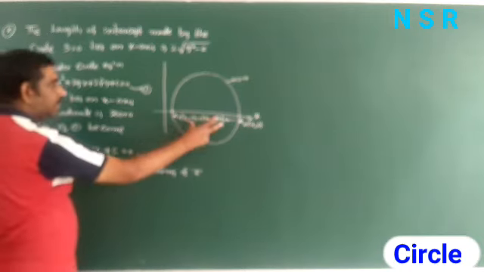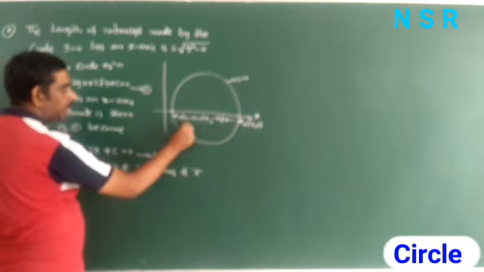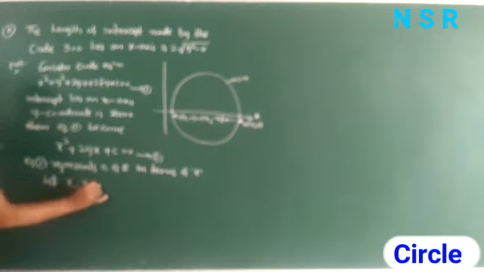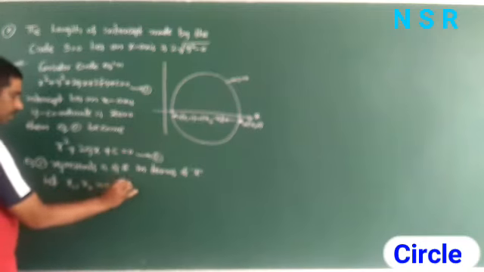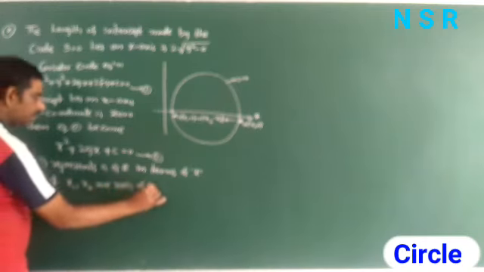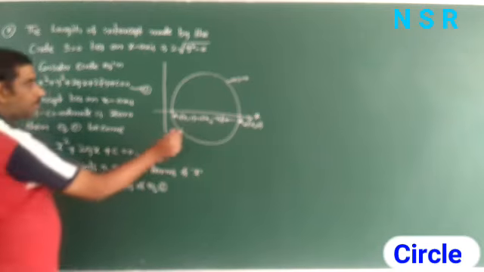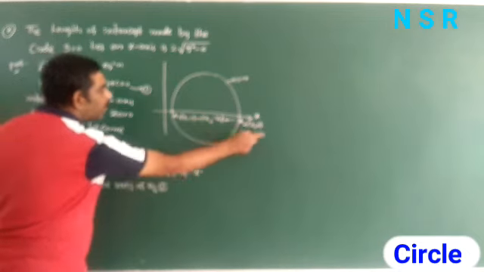Now the intercept points are x1 comma 0 and x2 comma 0. We have two roots of this equation. Let x1 and x2 be the roots of equation 2, since the points are of the form x1 0 and x2 0.